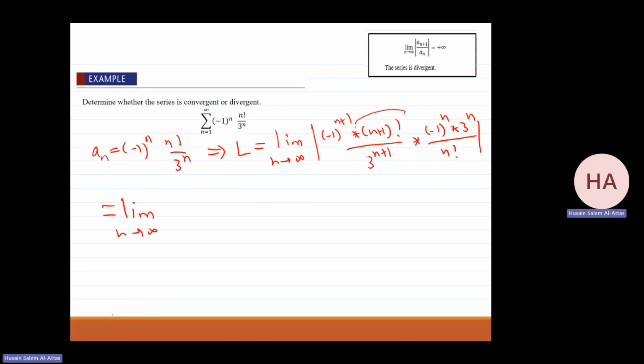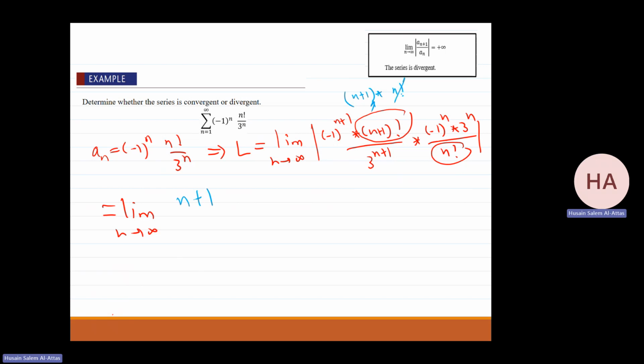We are concerned about this and this. Forget about the minus sign, absolute value. This is gone with the absolute value. So I have n plus 1, because this is n plus 1 times n factorial.